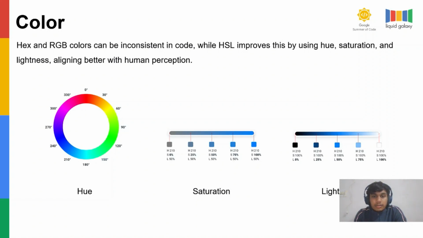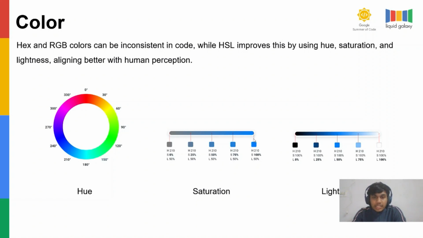Now, other than that, we have saturation, and saturation basically defines the opacity of any color schema. As you can see here, at 0% saturation it feels dull or rather transparent, while at 100% it feels more opaque.